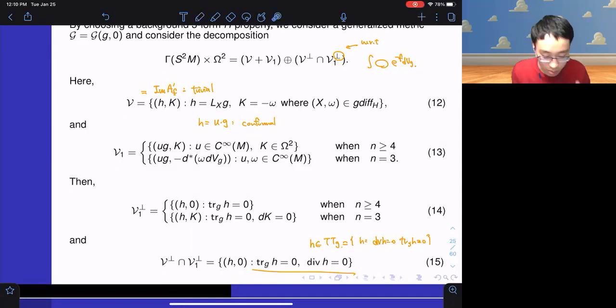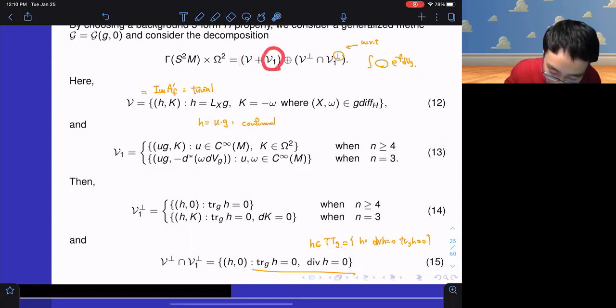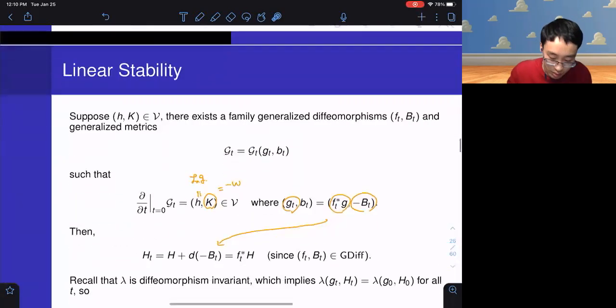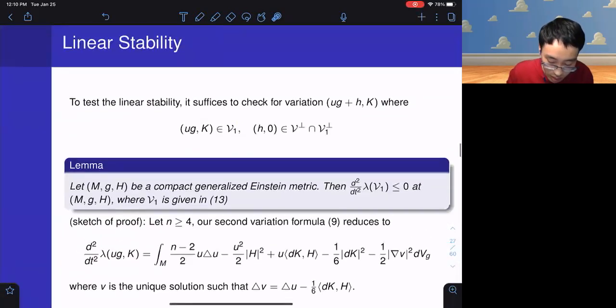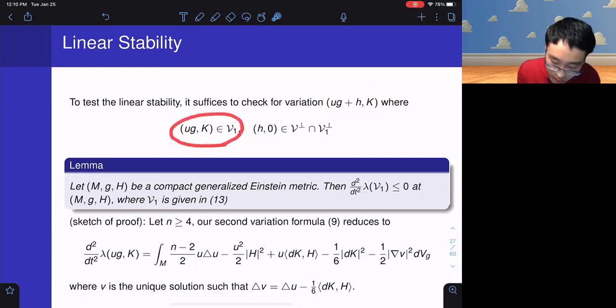So once we decompose our variational space like this, and because V is the trivial part, we only need to consider these two spaces and their cross term. So in the following, it suffices to check the variation lying in this space, where UGK lies in V1 and H0 lies in this part.